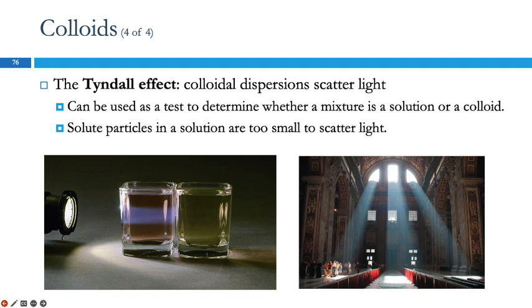If you go look at that sunbeam really closely, sometimes you can actually see the little pieces of stuff floating around in the air. But anyway, that's showing us that this is actually a colloid. There's little suspended particles in the air. So the Tyndall effect is a test for, is this a solution or a colloid?